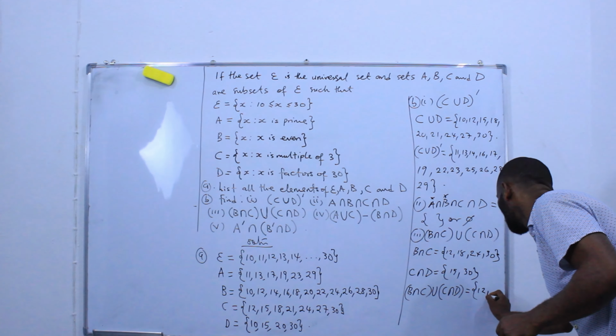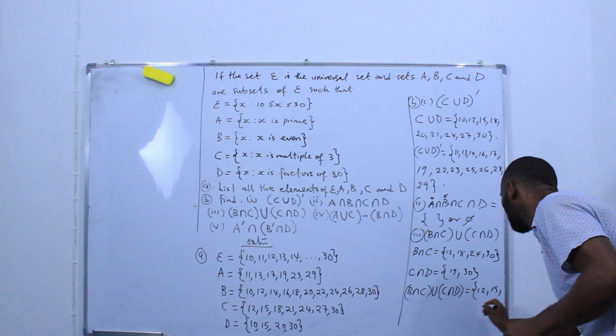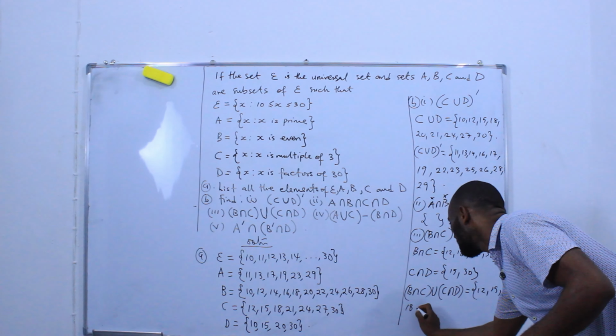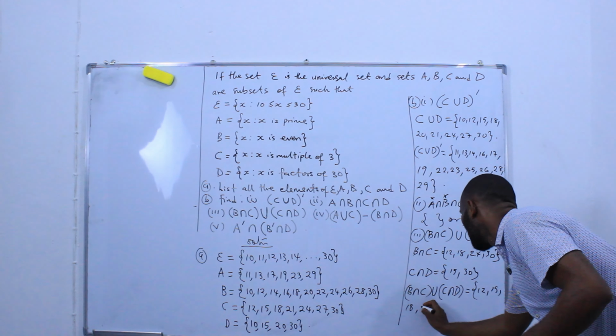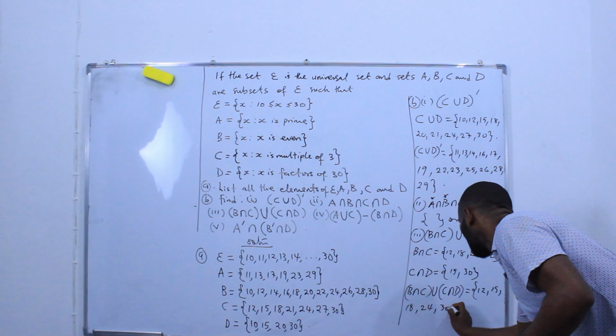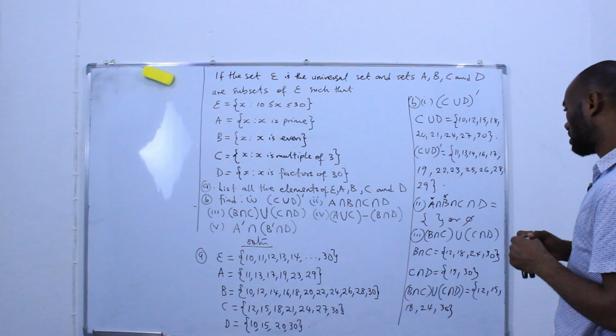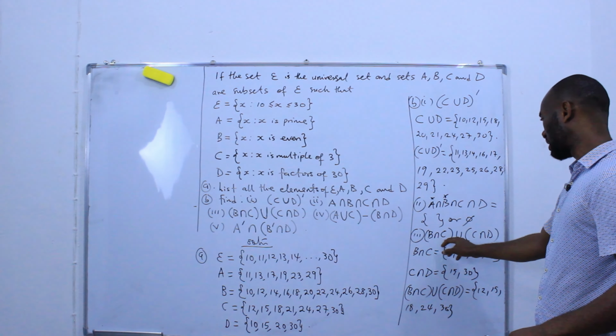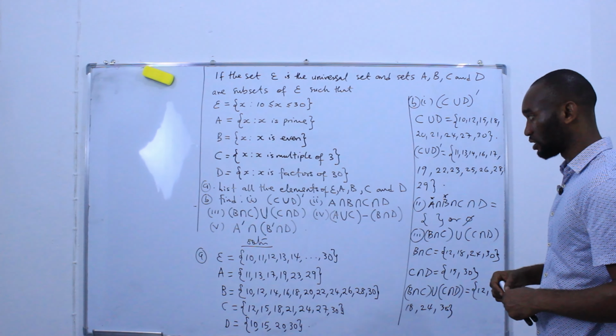We have 12, 15, 18, 24, and 30. So this is what we have from B intersection C union C intersection D.